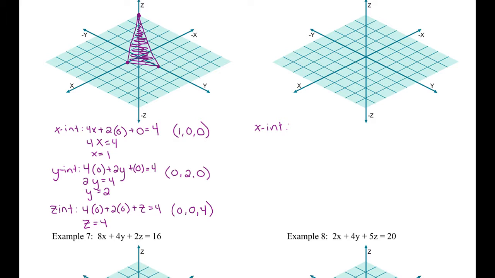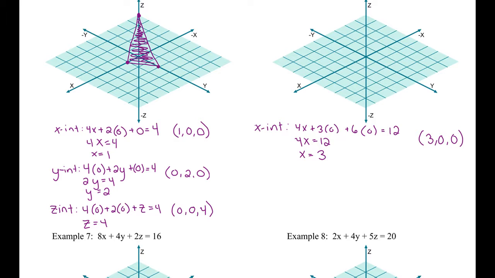So I get 4x plus 3 times 0 plus 6 times 0 equals 12. So we get 4x equals 12, which we divide to get x equals 3. So this is the ordered triple 3, 0, 0, again, because I plugged in 0 for y and for z.